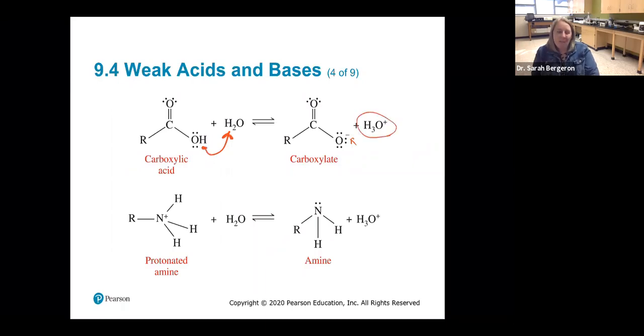A similar thing can happen with our protonated amine. Our protonated amine is already positively charged, and it can give up one of its hydrogens to water and form an amine, which has one less hydrogen attached, and that hydronium ion.